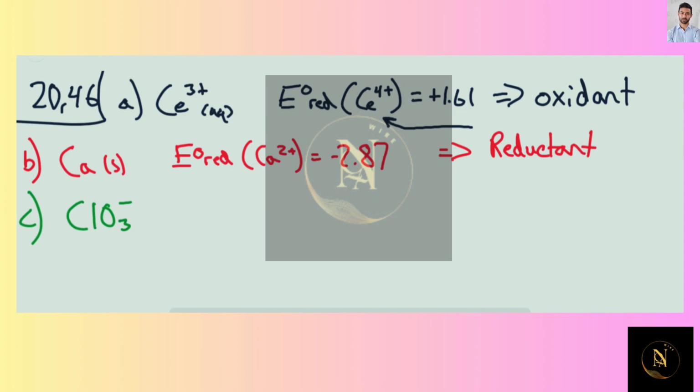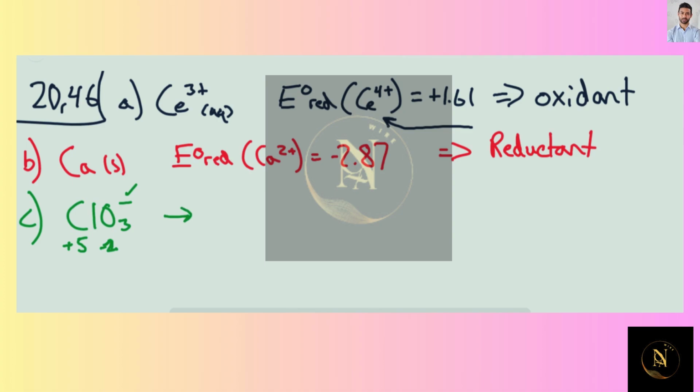So we can look at the oxidation numbers. For oxygen, it will be -2, which means that the negative charge from oxygen is -6, which means that our chlorine here has to be a +5 to balance this negative charge.